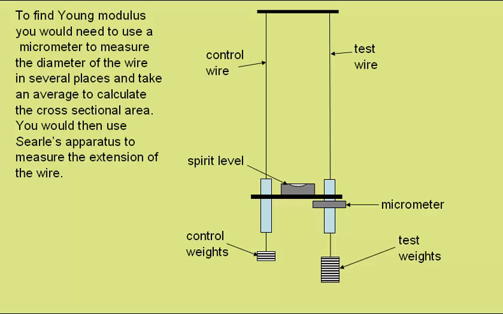We could calculate the stress and strain for several different values of test weight and plot a stress against strain graph. The gradient would give us the Young modulus.